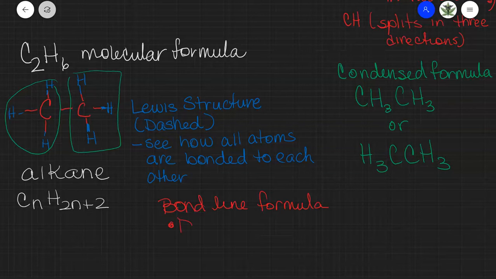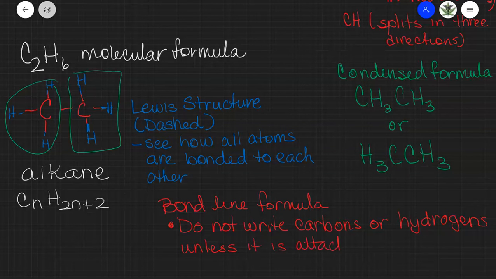With the bond line, you do not write carbons or hydrogen atoms, unless it is attached to what we call a heteroatom. A heteroatom would be like an oxygen or a nitrogen or a sulfur. Something like that would represent a heteroatom.